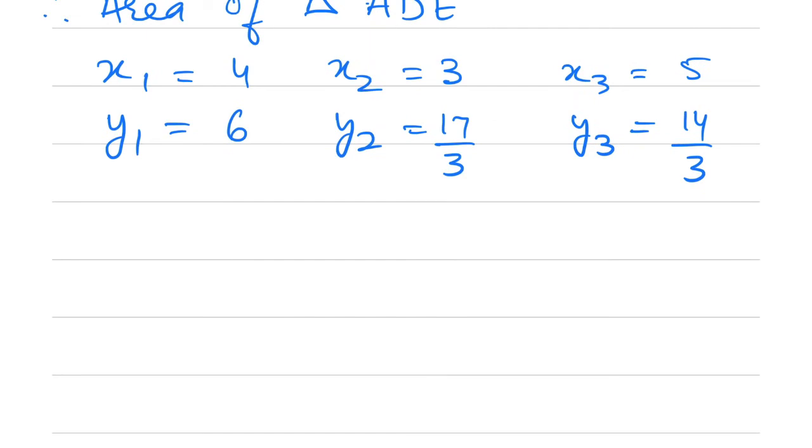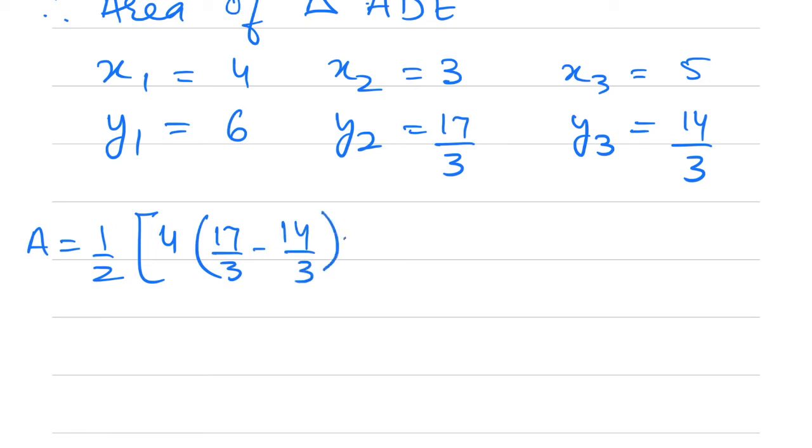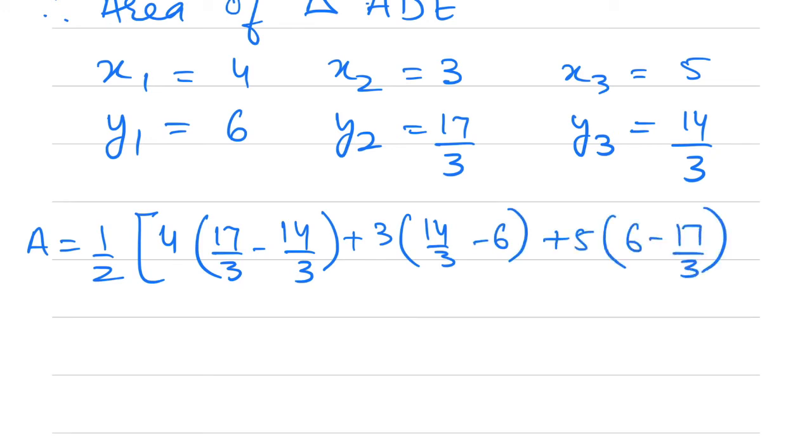So now let's substitute. Area is equal to half into [4 into (17 by 3 minus 14 by 3) plus 3 into (14 by 3 minus 6) plus 5 into (6 minus 17 by 3)].